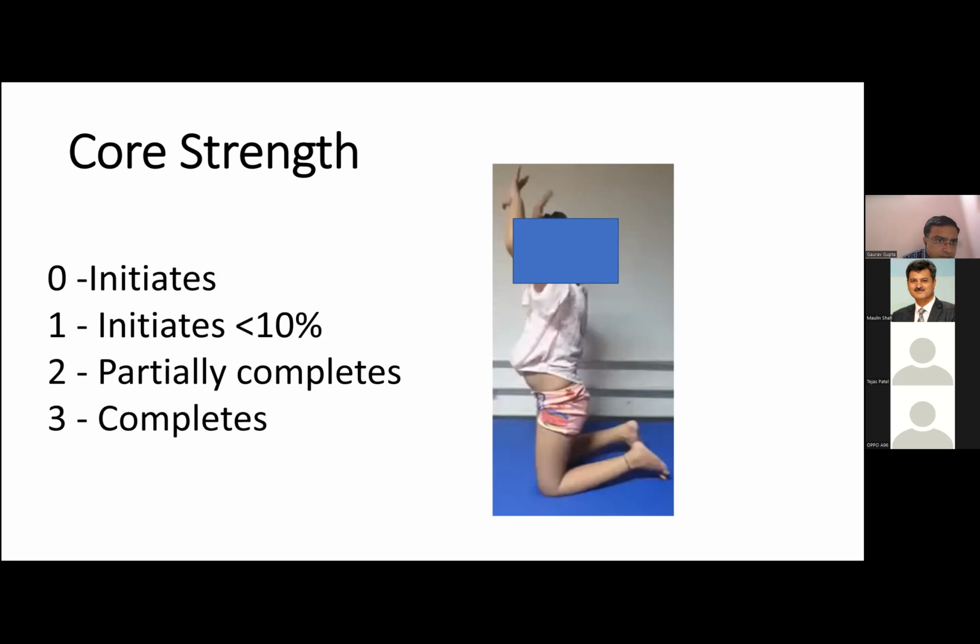And we grade it if the child is able to initiate it, is able to do it less than 10%, is able to do partially, or is able to do it completely. The better the core strength, more the possibility that the child may be able to walk independently post surgery and physiotherapy.